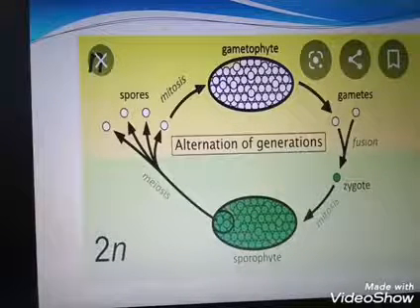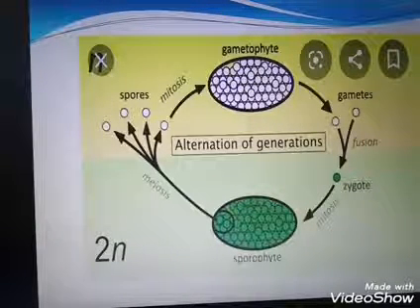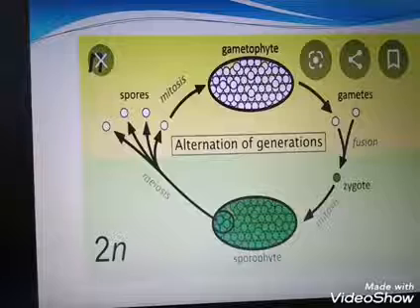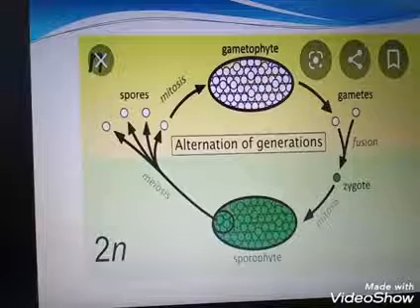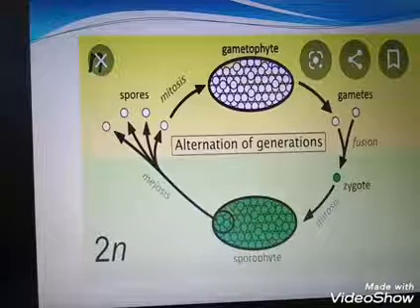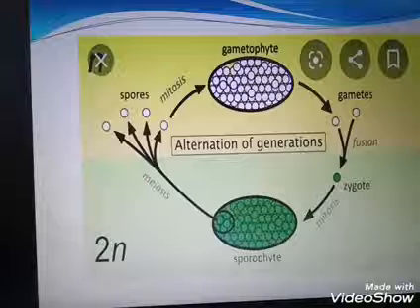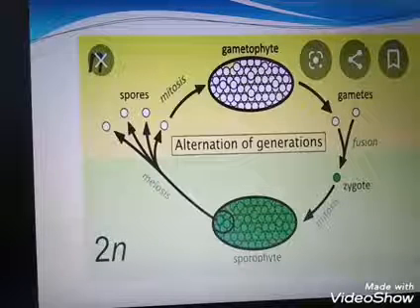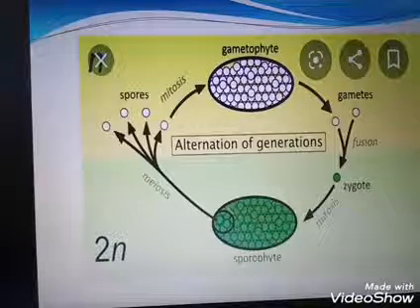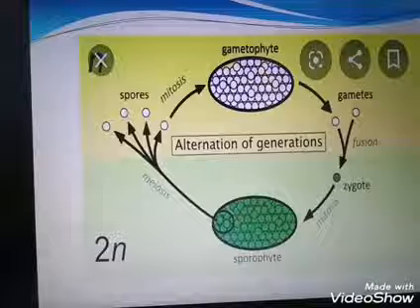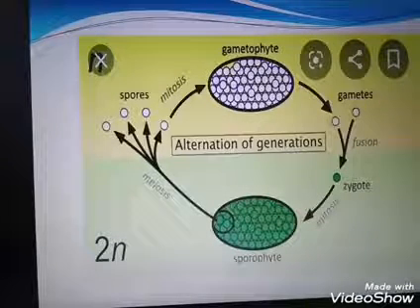Next we are discussing the alternation of generation. Alternation of generation means different plant groups exhibit different types of alternation of generation. Okay. Already we discussed this in our previous classes. Haplontic life cycle, diplontic life cycle and haplodiplontic.